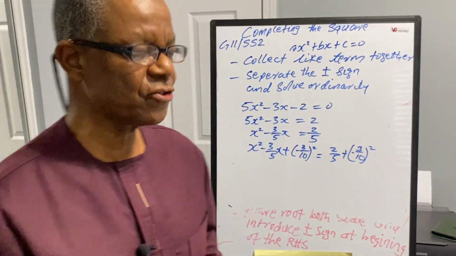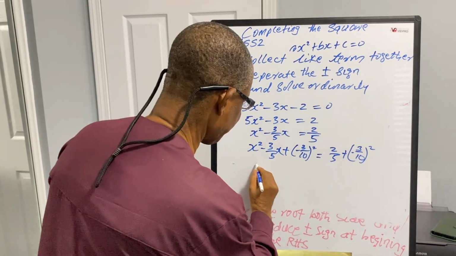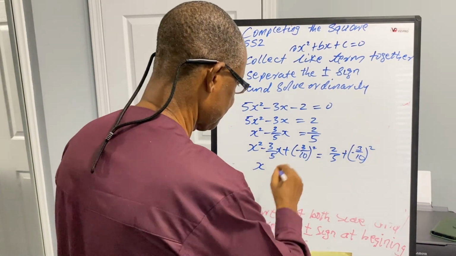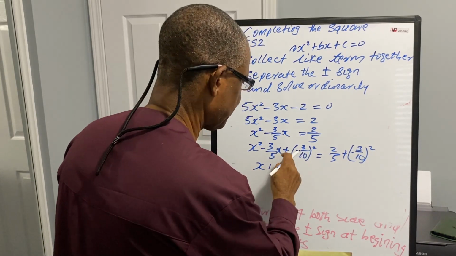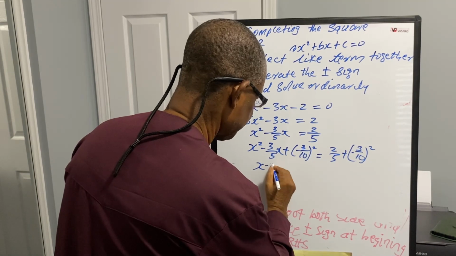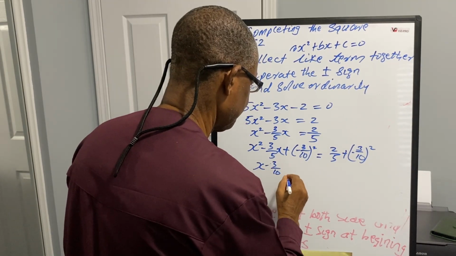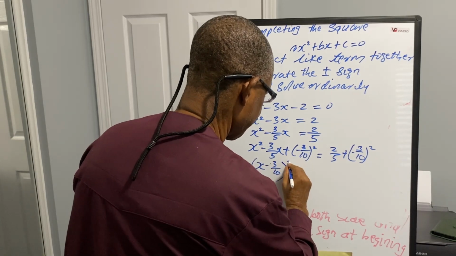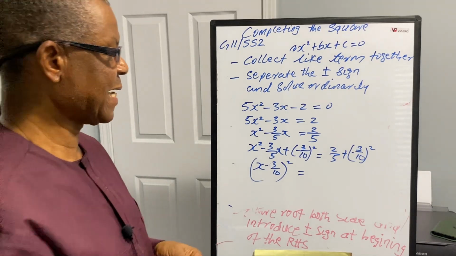Then the next thing is to express the left hand side in a perfect square form. Just pick this variable, and this is positive and negative will give us negative 3 over 10 squared equals, we solve the right hand side ordinarily.